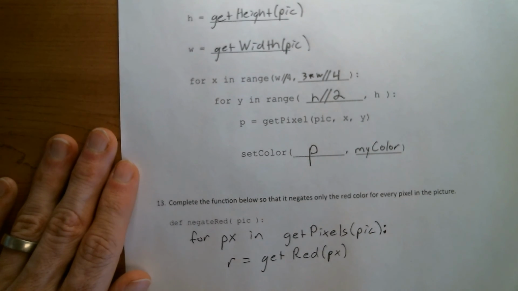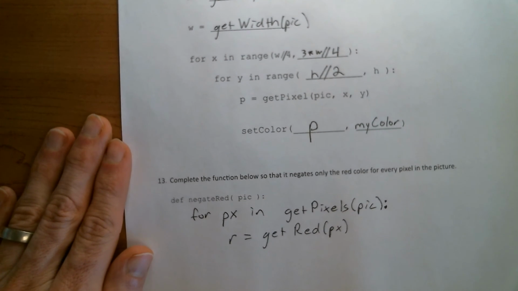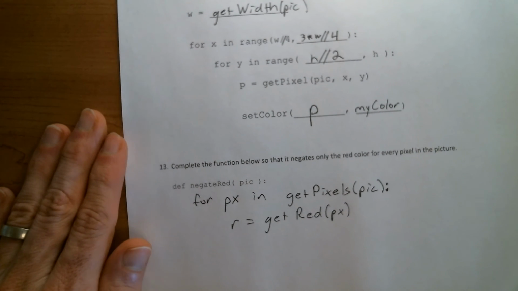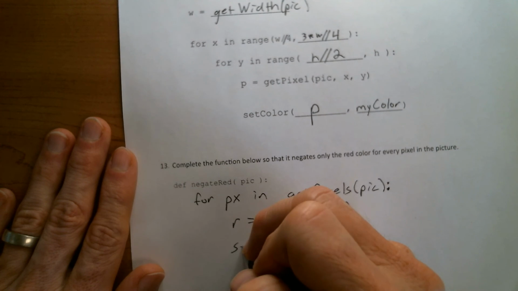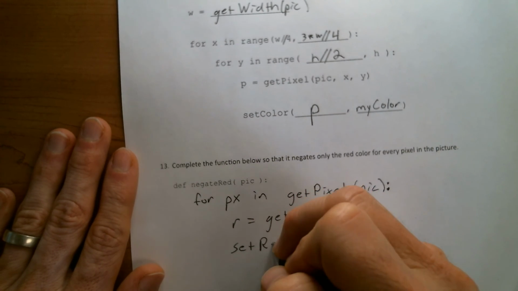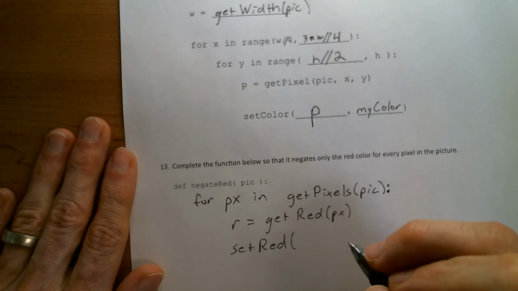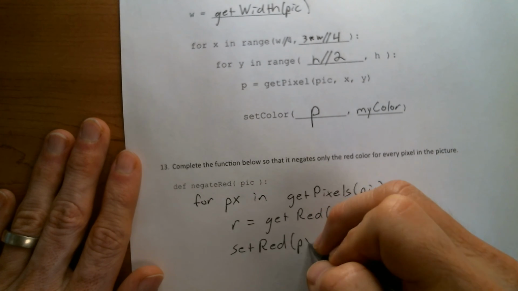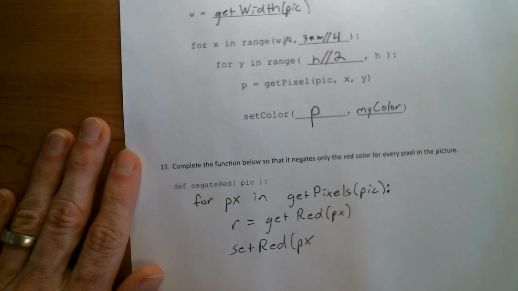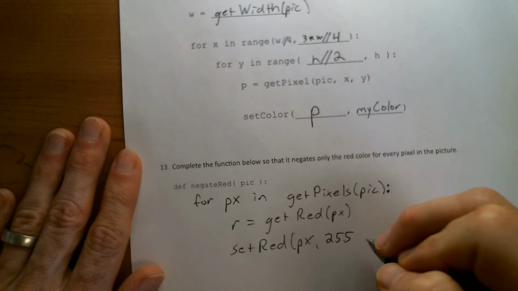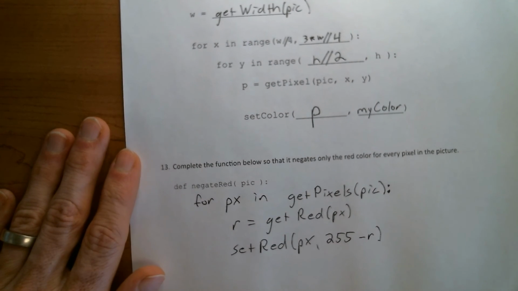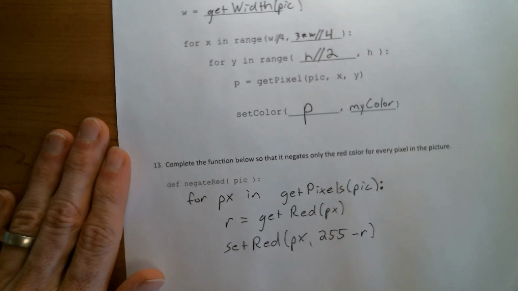So that will get us the red value of whatever pixel we are currently looking at. And then to invert that or negate that, we're going to say set red. And we're setting the red of pixel px, which is basically the current one that we're on. And we're going to set it to 255 minus r. So that'll go through and negate everything.